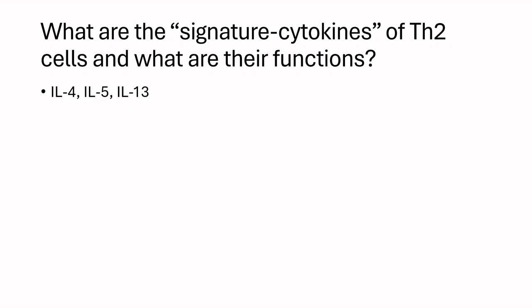So they can contain at least these worms, because worms are often very difficult to eliminate, despite what we're talking about here with the eosinophils. So this is actually also a mechanism, not just repair, but also containing pathogens, which is relevant in this Th2 signaling.